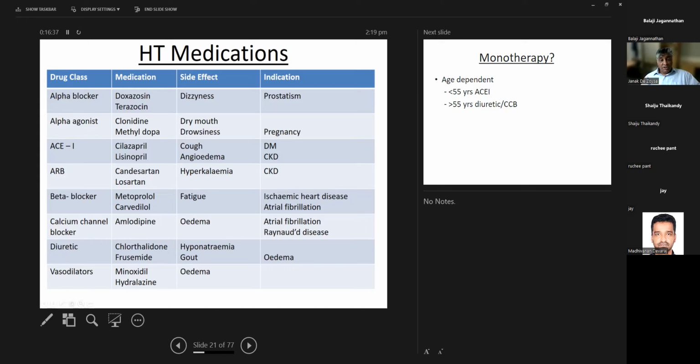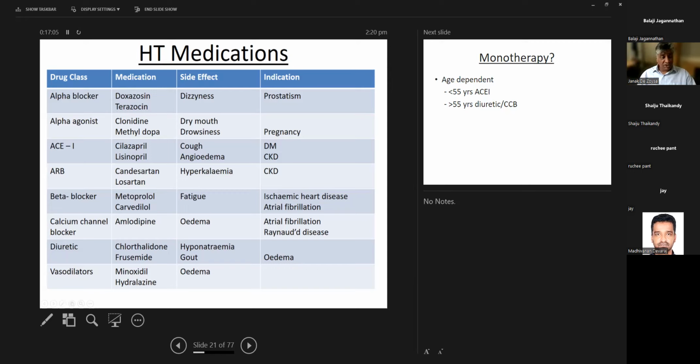Beta blockers slow the heart, but then can be associated with fatigue and erectile dysfunction. But if a patient has ischemic heart disease or heart failure or atrial fibrillation where you're trying to achieve rate control, they can be very effective drugs. Calcium channel blockers dilate the blood vessels, can be associated with edema, and are good in conditions such as Raynaud's disease.